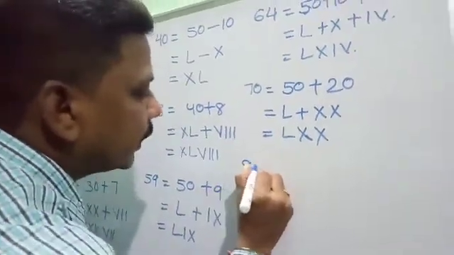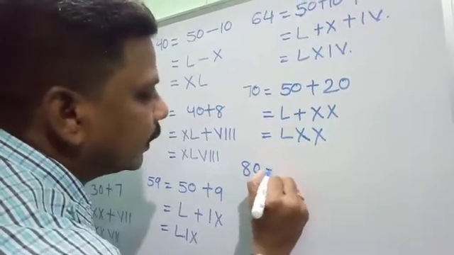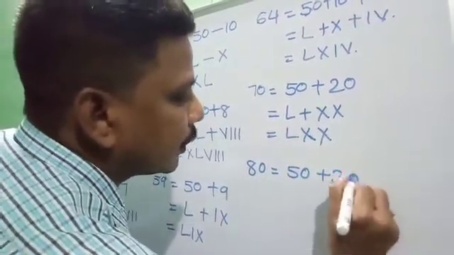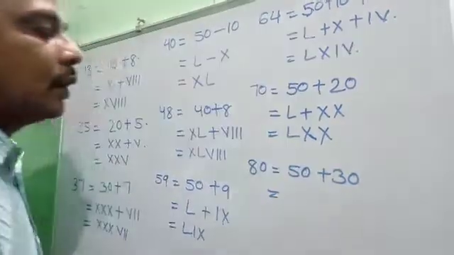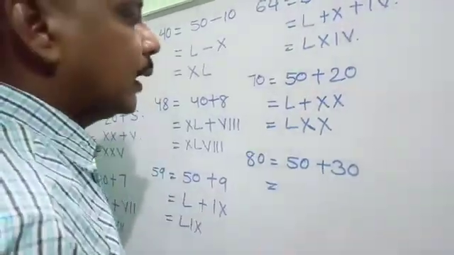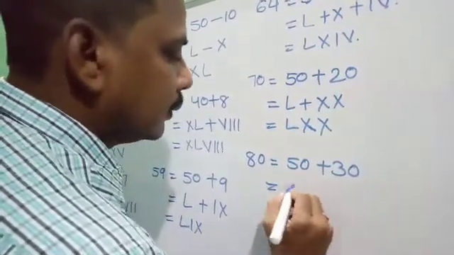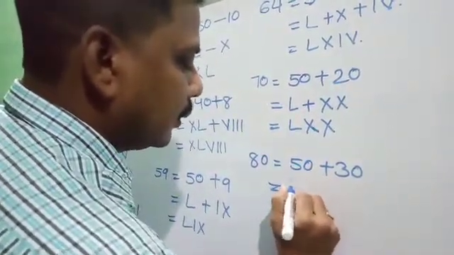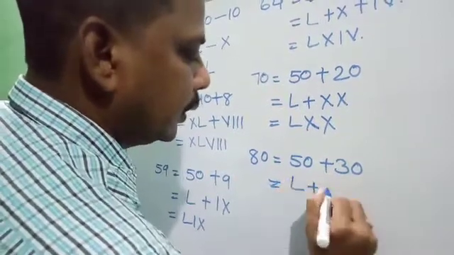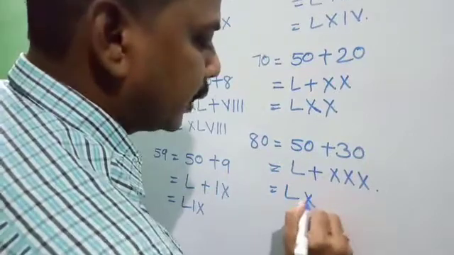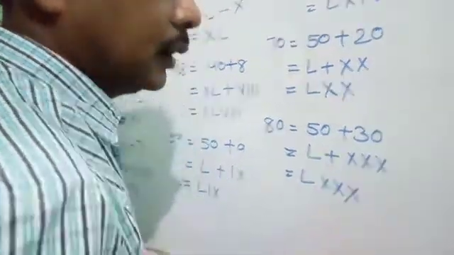Suppose we have to write 80, that means 50 plus 30, or you can use 70 plus 10 also for 80. L plus triple X means LXXX for 80.